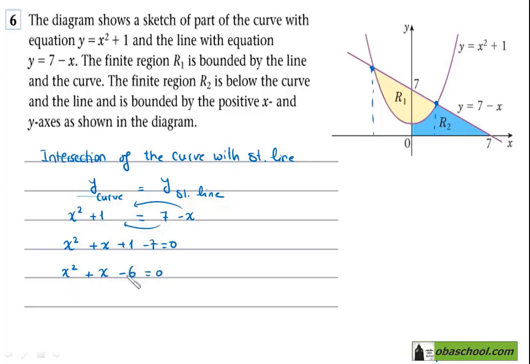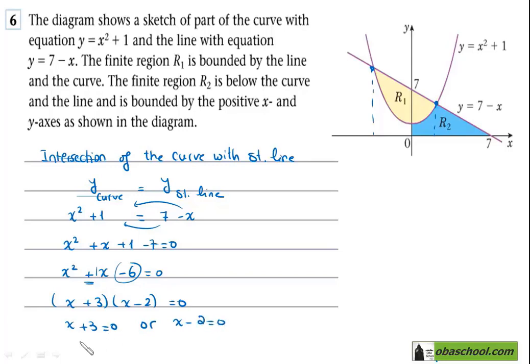Now we search for factors such that their multiplication will result in minus 6 and their addition is plus 1. The factors are x plus 3 and x minus 2 equals 0, because plus 3 times minus 2 is minus 6, and plus 3 minus 2 is plus 1. So, x plus 3 equals 0 or x minus 2 equals 0.